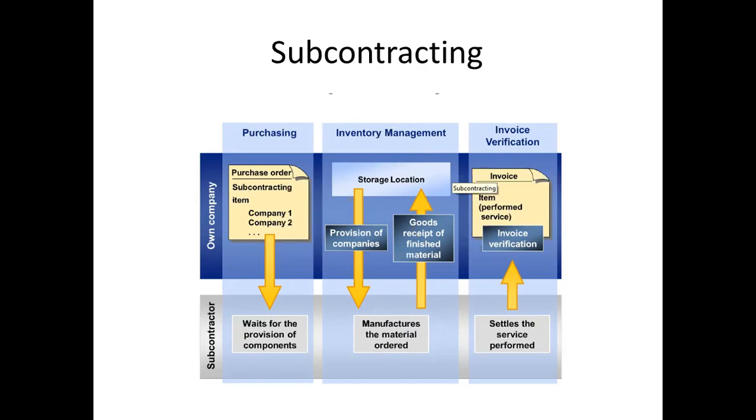Once you receive those tetra packs, they will be stored in the store location, and you will be charged the service charge for that packaging. So the invoice you receive from the subcontractor is the invoice for the service he has rendered in order to convert that material into tetra packs.